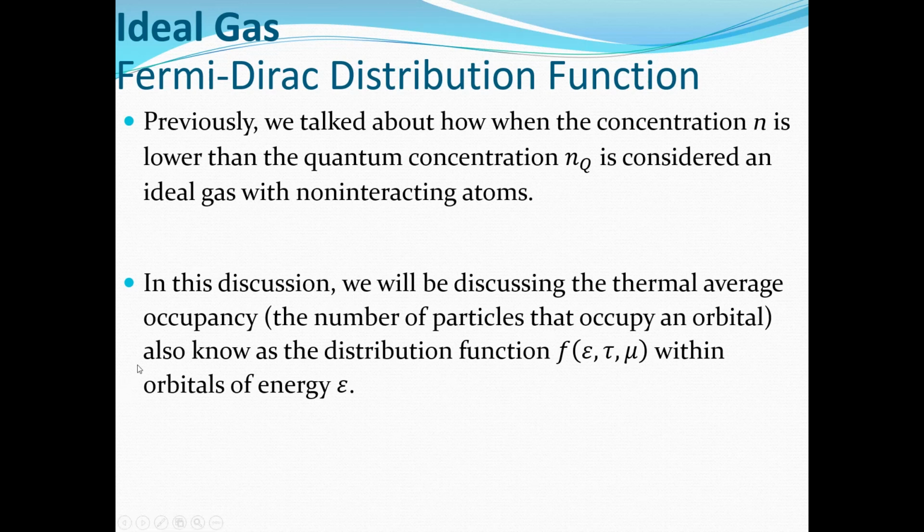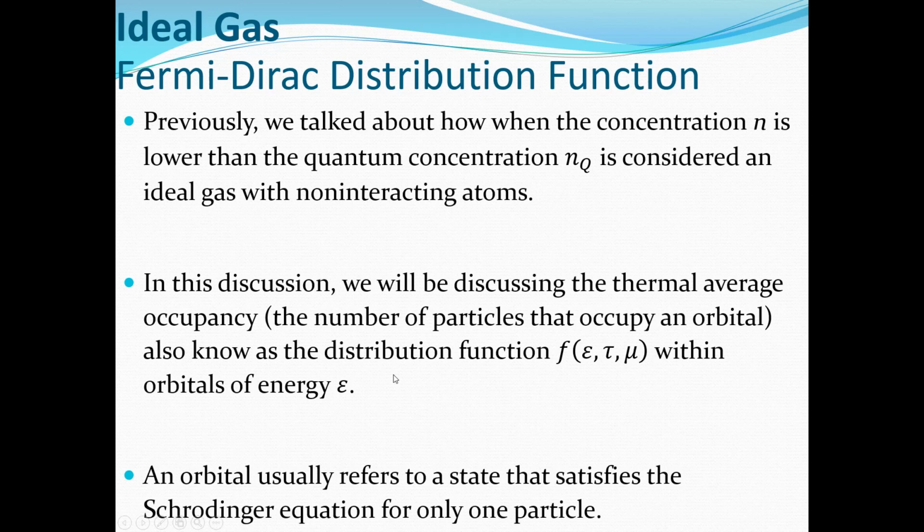But we're going to actually talk about what we call the average occupancy, or the number of particles that are occupying specific orbitals. And this average occupancy is what we're calling a distribution function. So the distribution function is going to be represented by this F term, and it's going to be based off of the orbital energies, what particles are in what energy orbital.